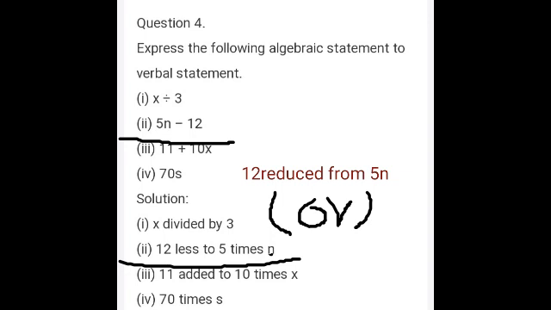It means 12 reduced from 5n. So 5n means 5 times n. So finally, how to write the verbal statement? 12 reduced from 5 times n. Yes, isn't it?